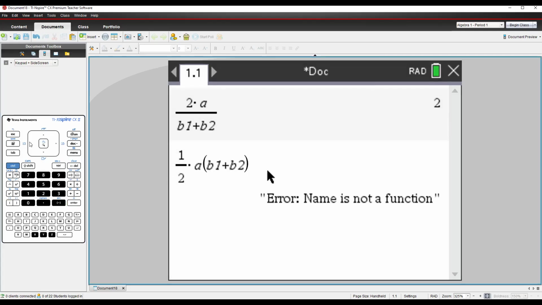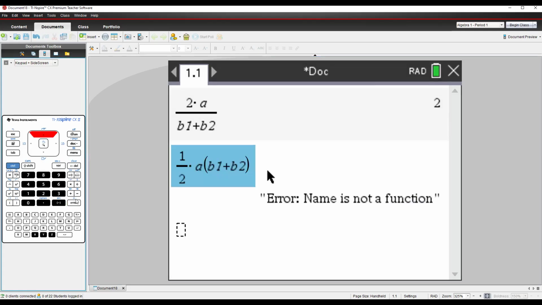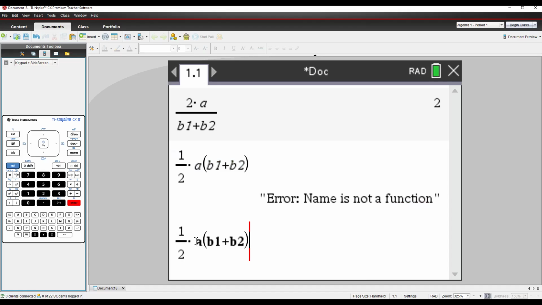Okay, I messed up. Same thing as I've said before, you have to put a multiplication symbol in between there. I didn't do that on purpose, but I need you to see those are the kind of little errors you get sometimes, and all it usually means is you need to put a multiplication between letters.